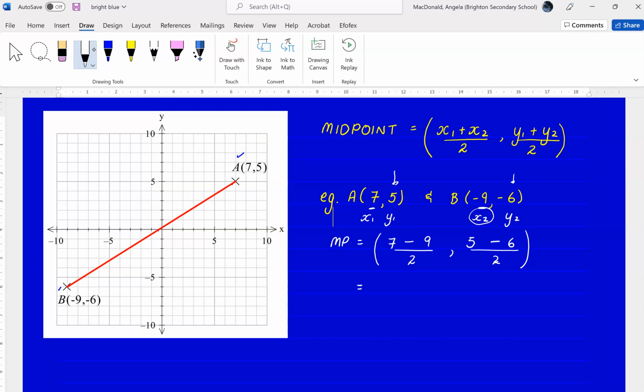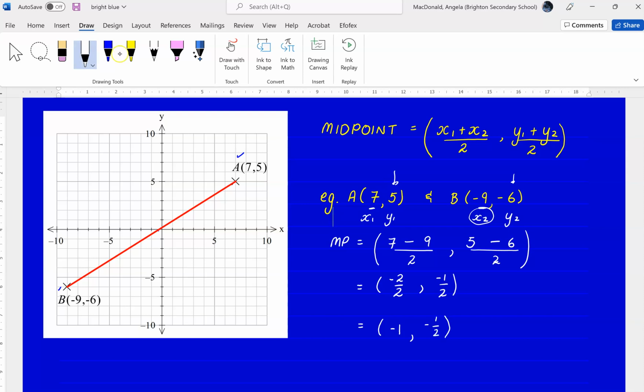So we tidy up. 7 take 9 is minus 2 over 2. 5 take 6 is minus 1 over 2. If you get bigger numbers, by all means, feel free to use your calculator. So we simplify, always simplify. It's minus 1, minus a half.